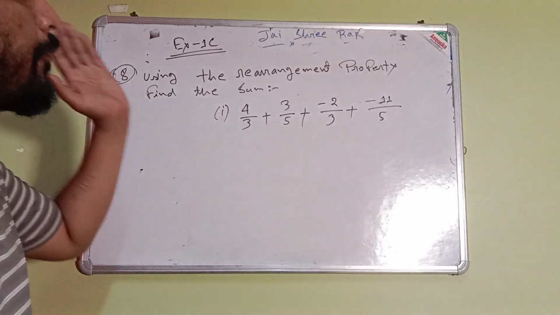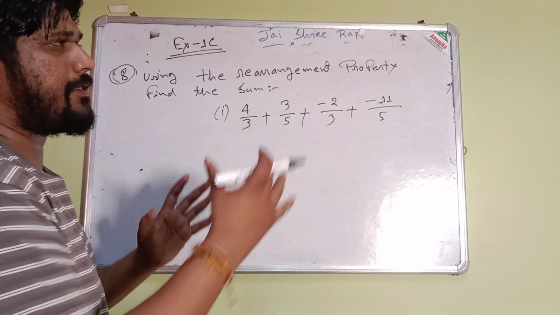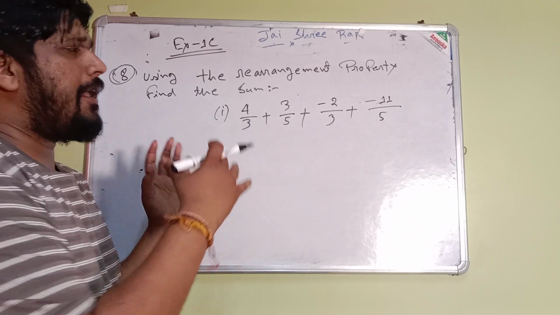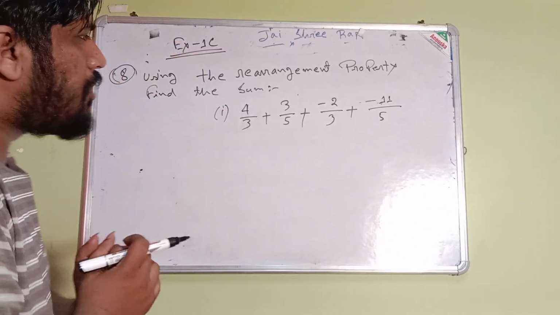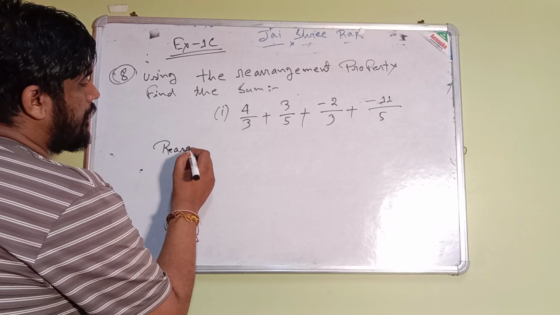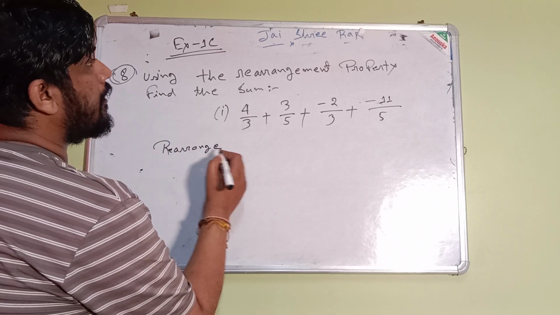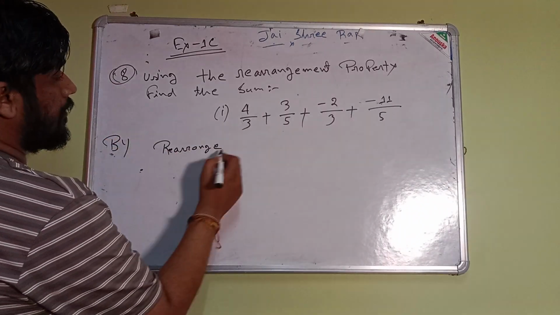As per the commutative property as well as the associative property, a plus b plus c, or a plus b in associative form, plus c plus d in associative form. How to do it? By rearrangement.